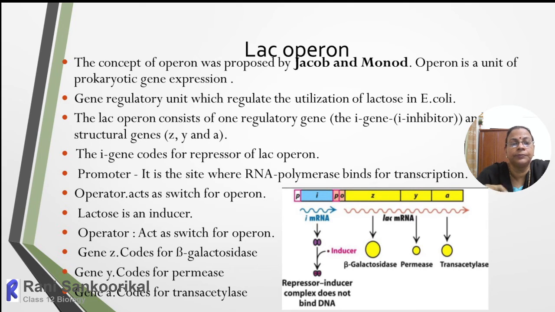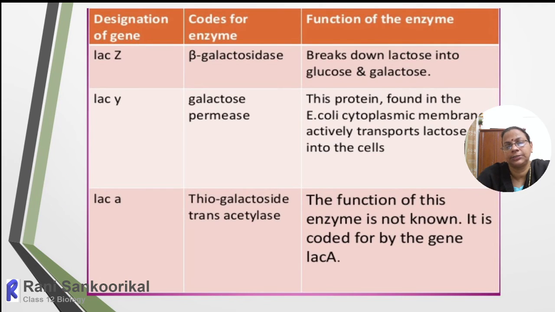Then gene Z codes for beta galactosidase, gene Y codes for permease, and gene A codes for acetyl transacetylase. So these functions we have already discussed.